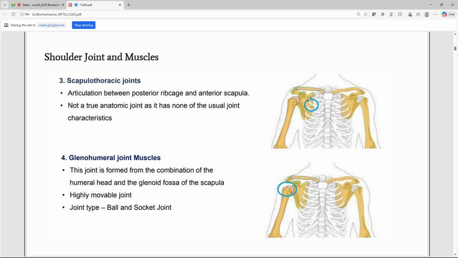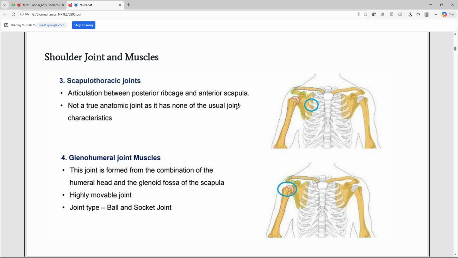The portion which in layman's language we call the wings or the back plate of the upper limb is called the scapula. Where this scapula comes in contact with the rib cage is known as the scapulothoracic joint.